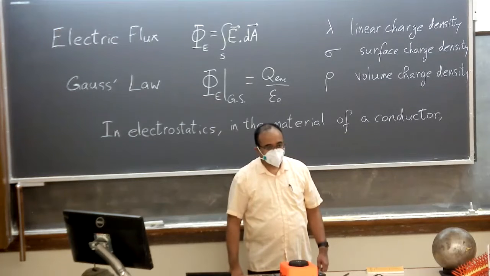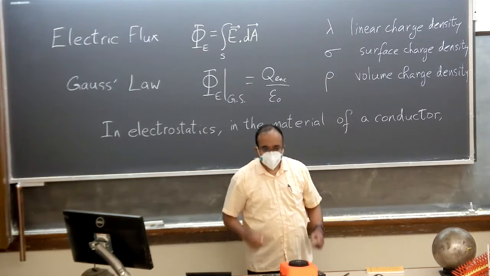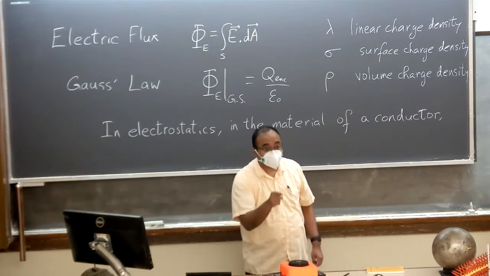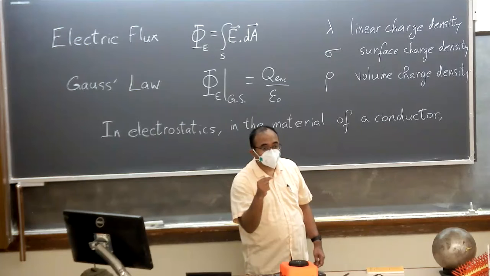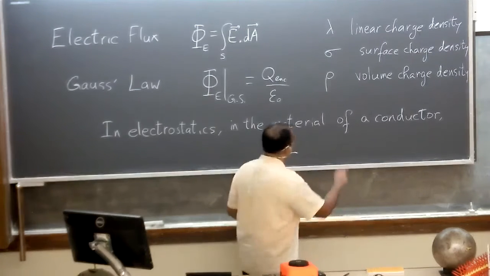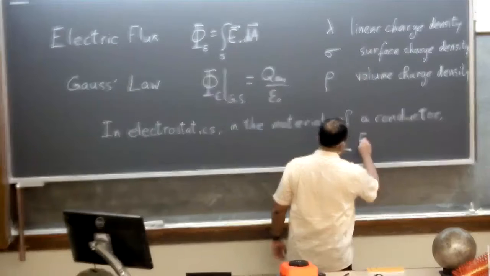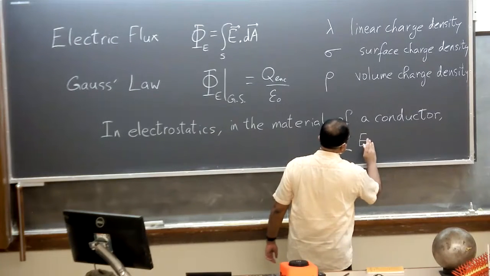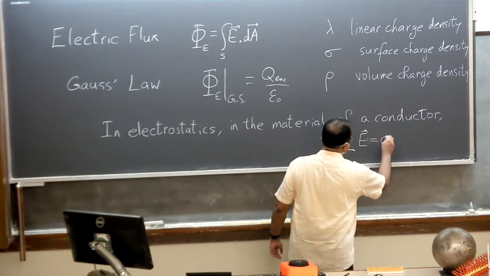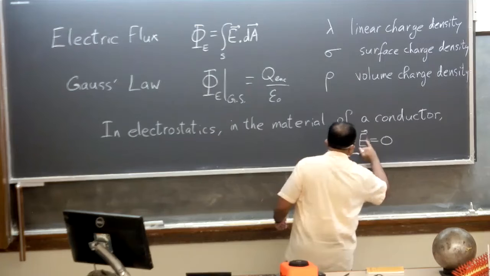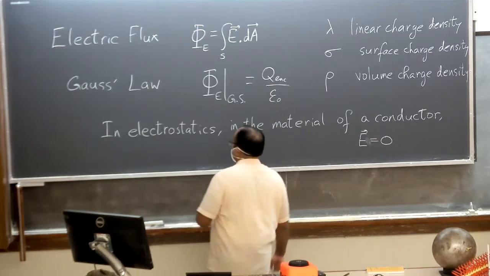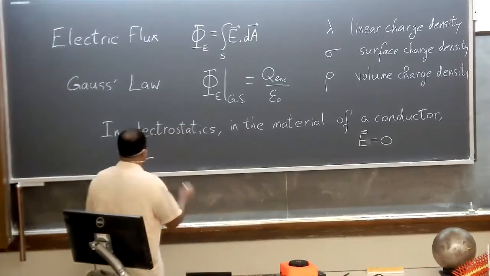The magnitude of the electric field will be 0 in the material of the conductor, and we also know that any charges that are on the conductor will be on the surface of the conductor.